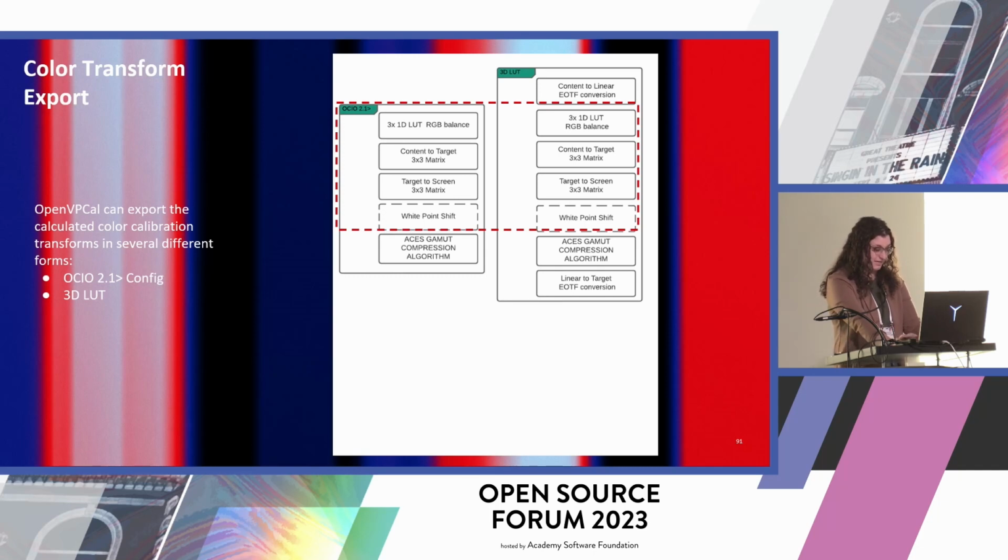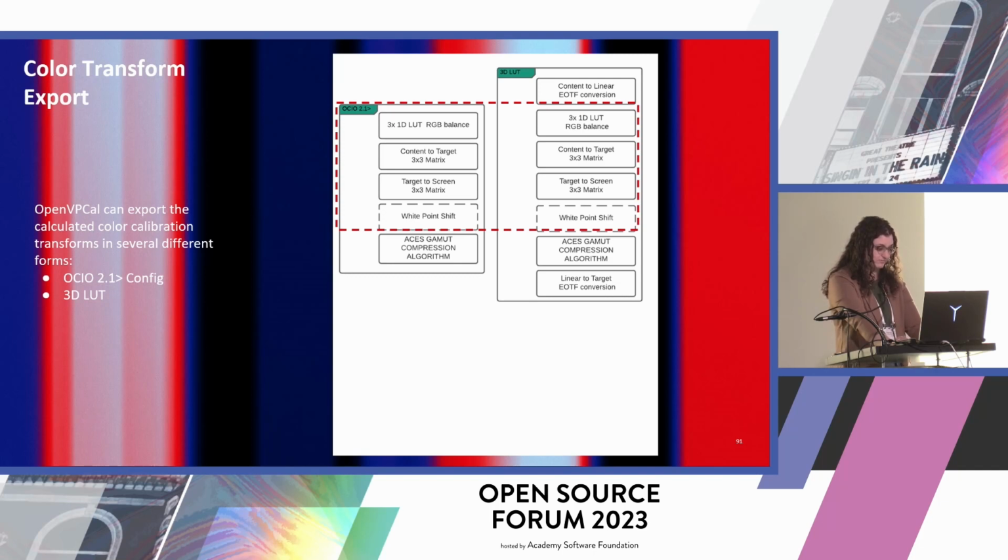So as far as the OCIO part of this, in OCIO 2.1 and above, all OpenVPCal transforms can be expressed within the config using built-in transforms and color spaces, including the ACES gamut compression. Originally, we'd planned to support different iterations of OCIO versions, but as this development has gone on, a lot of applications now support higher OpenColorIO versions, specifically Unreal and Nuke, the applications we needed to run it in.